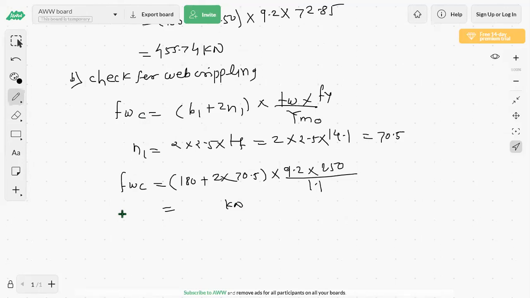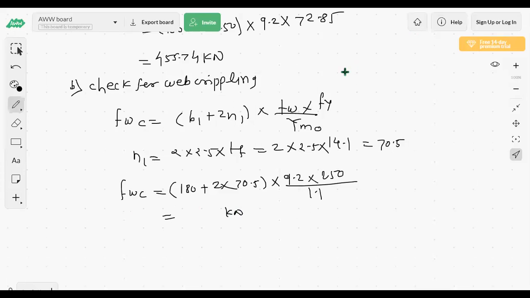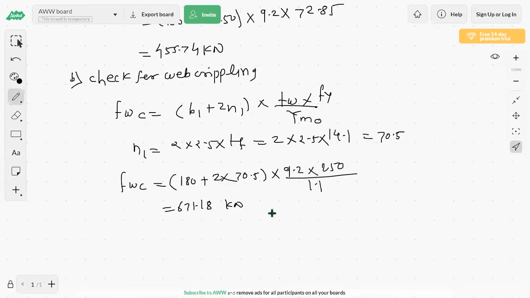Strength of web for web crippling, sorry. 671.18 kilonewton is the strength of web for crippling.